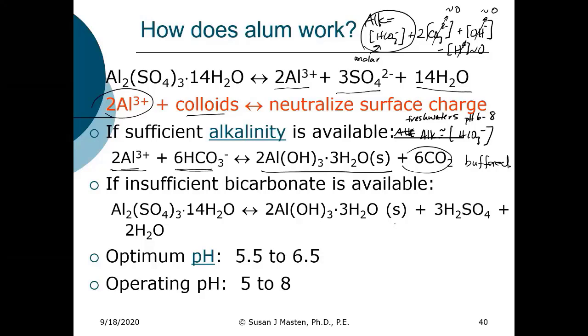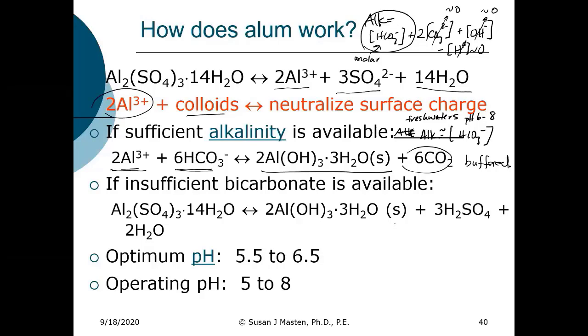So a buffered solution, again, is one that is able to resist pH change upon the addition of an acid or a base. If you have sufficient alkalinity, you're not going to have significant changes in the pH of that water.